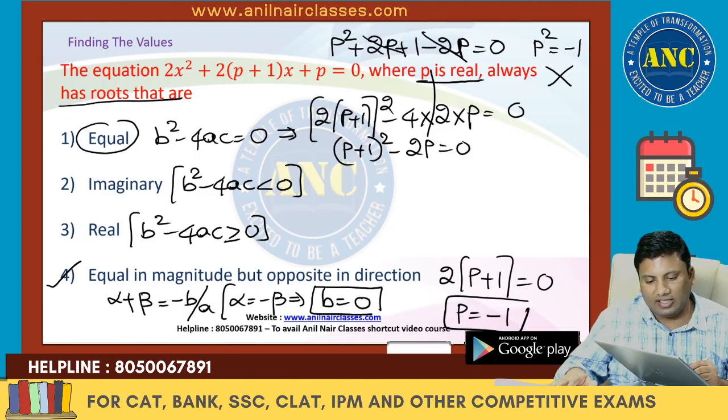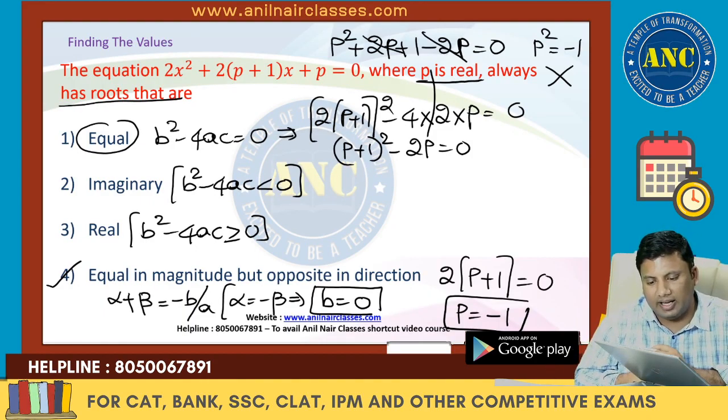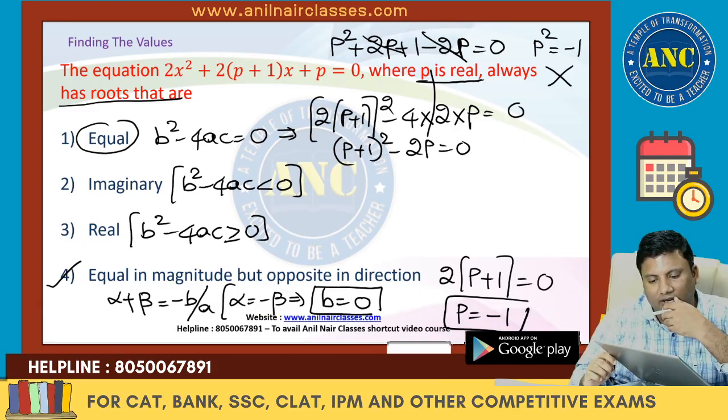I hope it is clear, right? No real value. Let us take some real value. If I take p value minus 1, then p plus 1 will be 0. 2x square minus 1. Any calculation mistake? 2 into (p plus 1) whole square minus 4 into 2 into p. 2 square is 4.